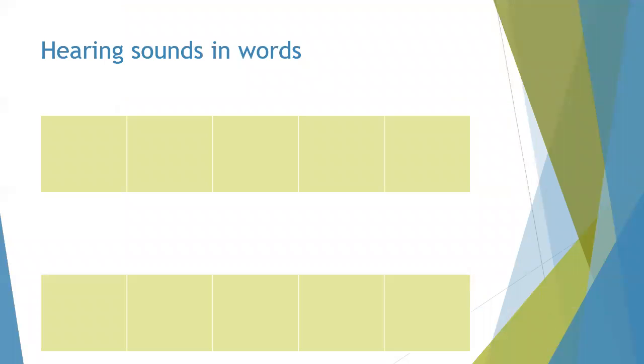So let's have a go at practicing some phonemic awareness where we're segmenting words into their phonemes. Now, normally you would have a 5-frame. You can see the image there. You can draw one of these on the piece of paper that you have in front of you.